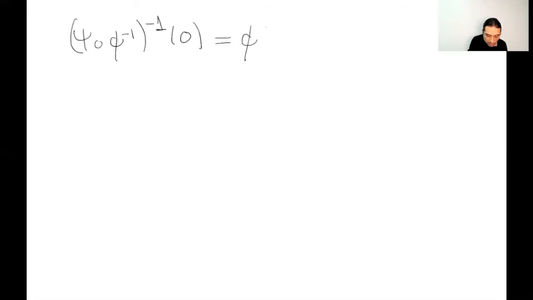what we get is that it is clear that we were considering the map, this map over here. Okay, and we want to know what's the preimage of 0, but that's going to be the image by phi of the preimage of 0 by psi, which is just k times 0, and this is just equal to k.